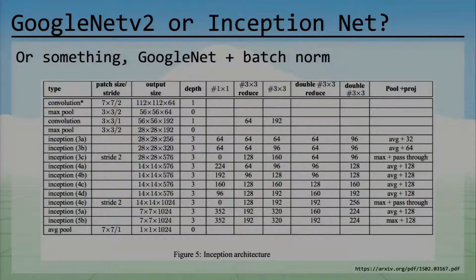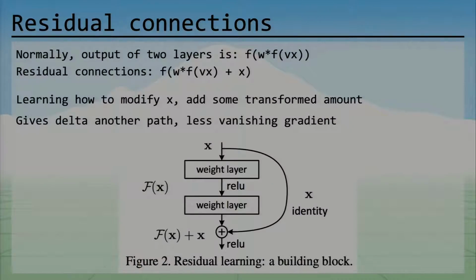And we talked about GoogleNet or InceptionNet, which was this new big architecture that uses batch normalization and gets higher accuracies. And then we talked about residual connections, which were another way of addressing this vanishing gradient problem, where if you want to make sure that some gradient is backpropagated all the way back to the input, what you can do is add in these residual connections.